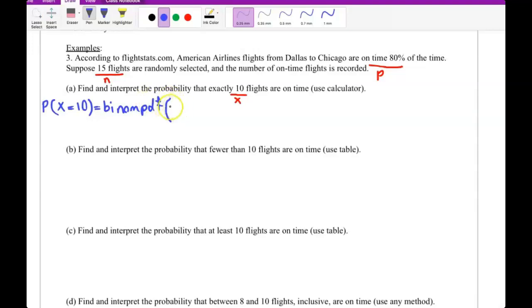Then we enter the data, first n was 15, then p is 0.8 or 80%, then x is 10. So this is n, here is p, and this one is x. And we rounded it, the answer is 0.1032.